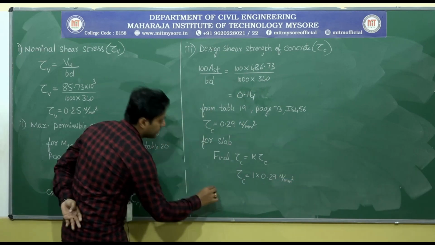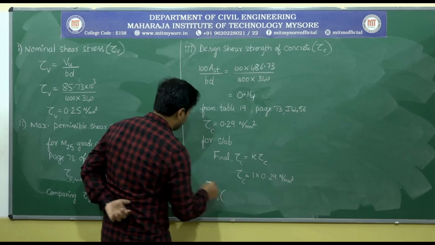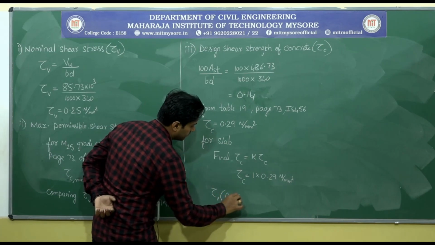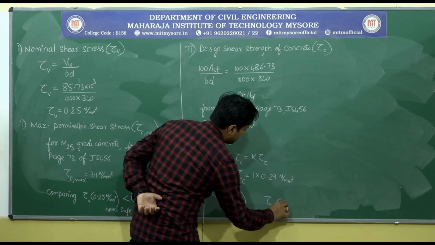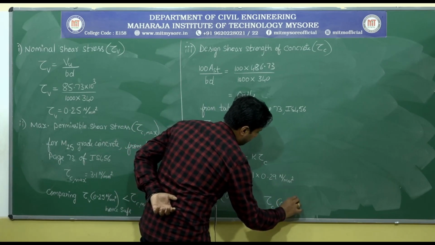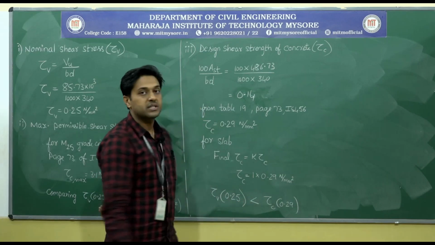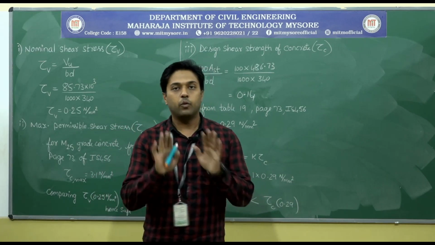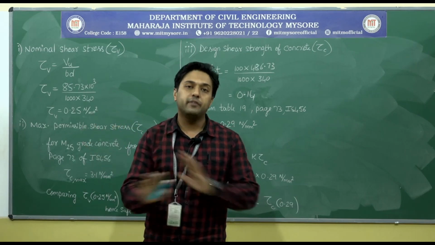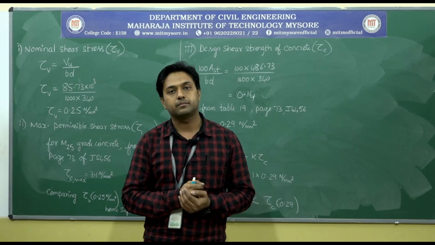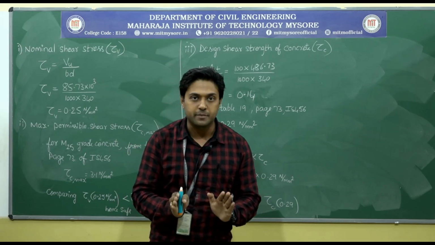Now we'll compare. The value we got for tau V is 0.25, and the value of tau C is 0.29, so tau V is less than tau C. As it is a slab, you will never get shear reinforcement.